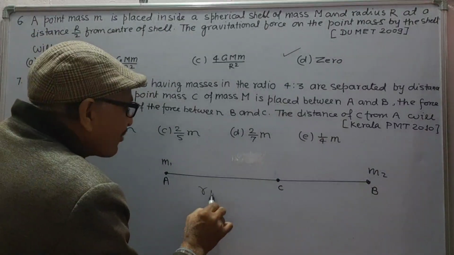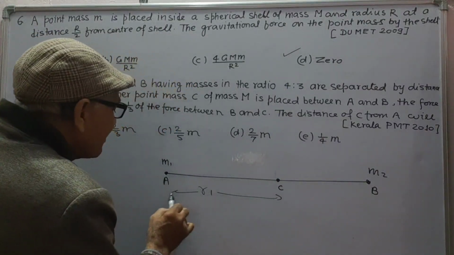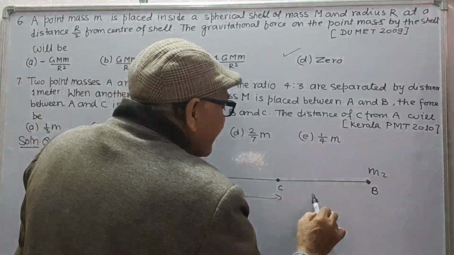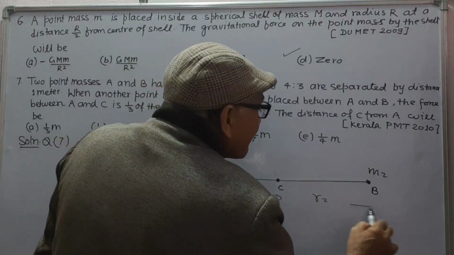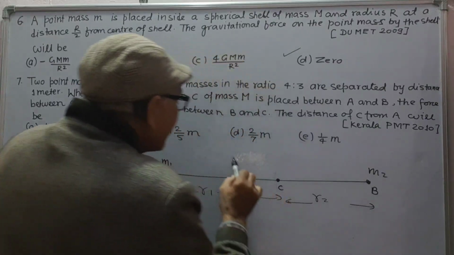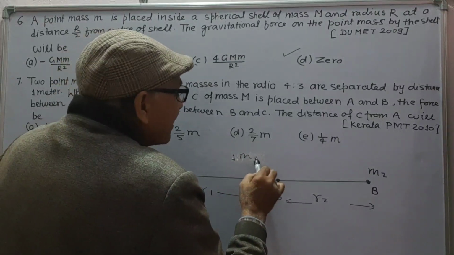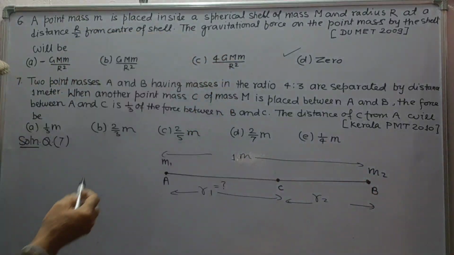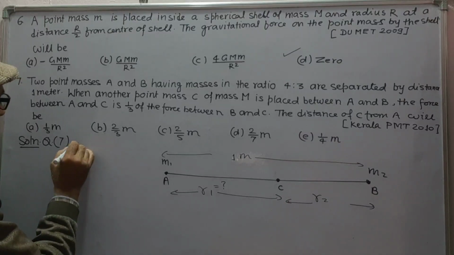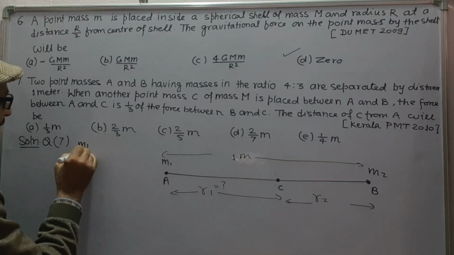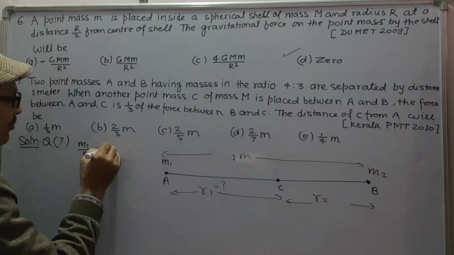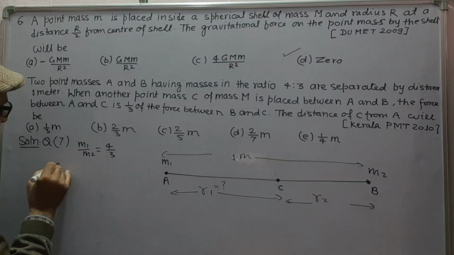Suppose R1 is the distance from A to C and R2 is the distance from B to C. Total distance between A and B is 1 meter. Here M1 upon M2 is given to be 4/3.